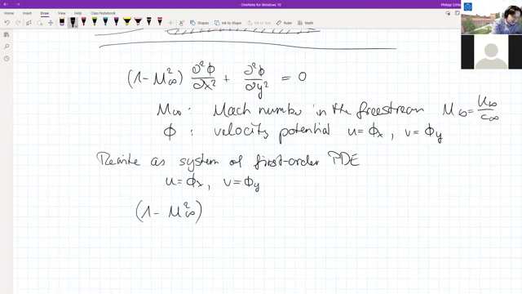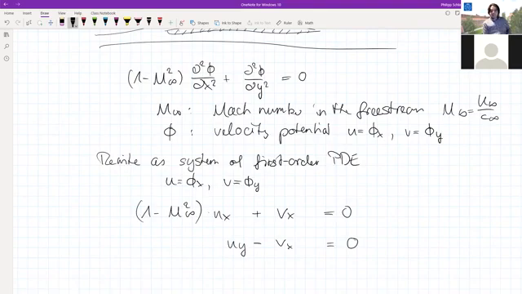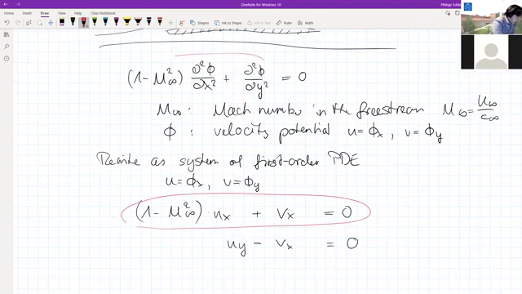So I have (1 minus the Mach number squared) times u_x plus v_y is 0, and the second equation is u_y minus v_x is 0. Okay, so what did we write here? The first line here is essentially the Prandtl-Glauert equation.